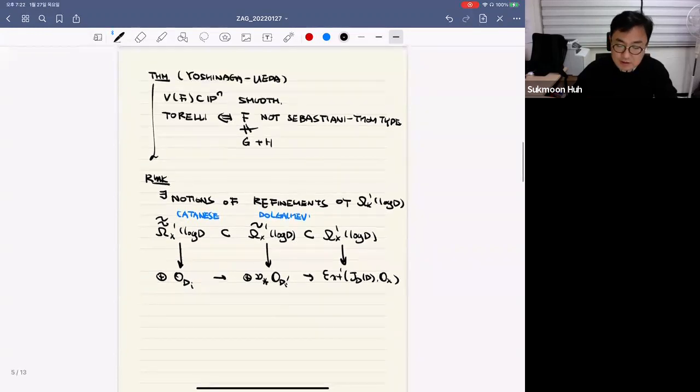And in fact, when we consider Dolgachev's version or Catanese's version, since they are refinements of the logarithmic sheaves, they have more information about the divisor. So we can say that it is easier to get a positive answer to the Torelli question for the refinement.